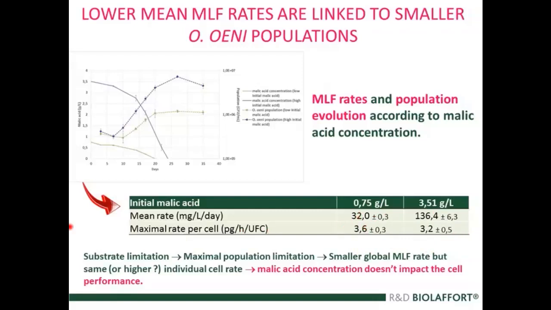That means that there is a substrate limitation with lower malic acid concentration, limiting the maximal Oenococcus oeni population in this situation, leading to a smaller global malolactic fermentation rate, but a same or even higher individual cell rate. Okay.